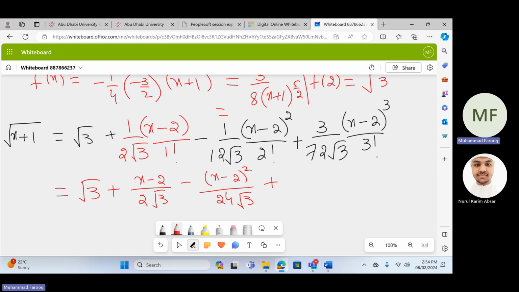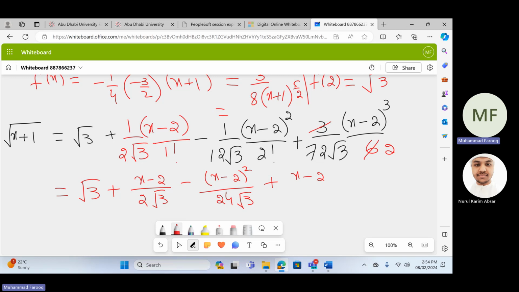Next, plus. 3 factorial, you know how much 3 factorial is? 3 factorial is 6. So this and this cancel out, then you have 72 times 2.